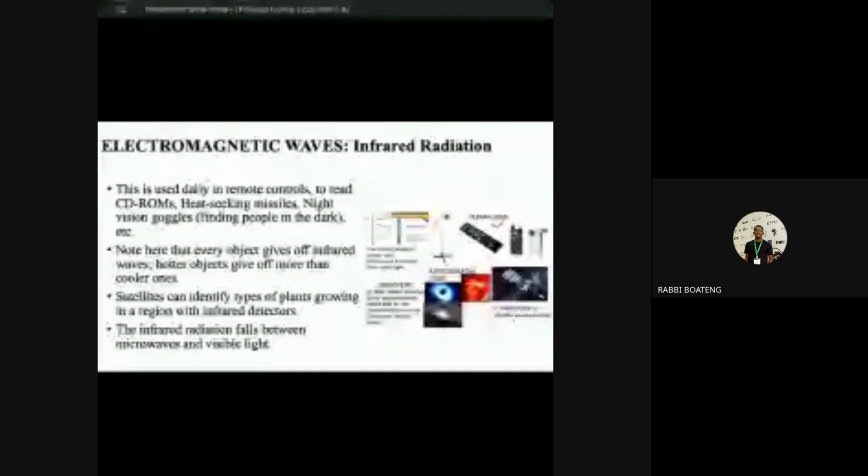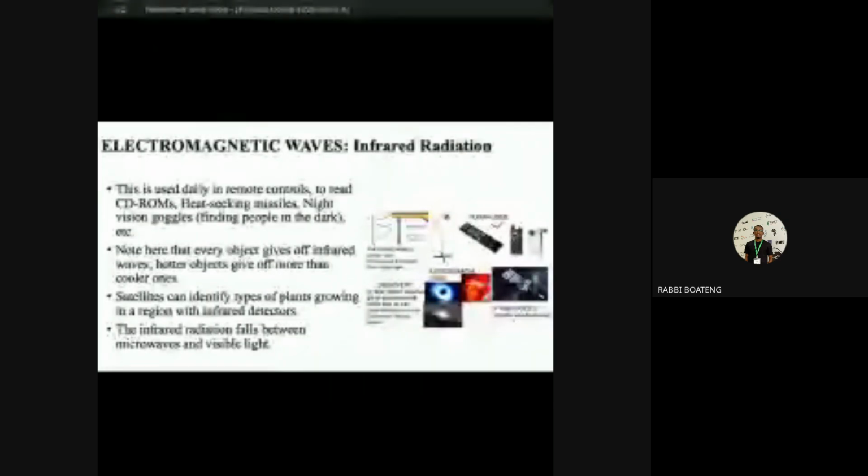Exactly. Our eyes will not be able to see infrared radiation, but it emits. There's a radiation coming out. So we have different forms of detectors that can see this radiation.